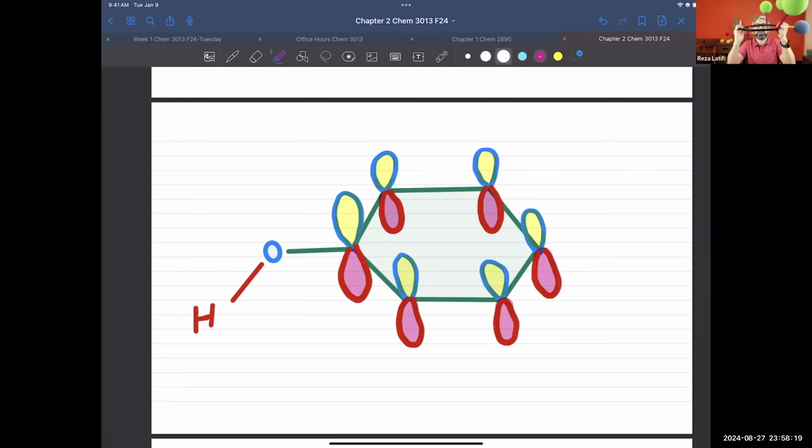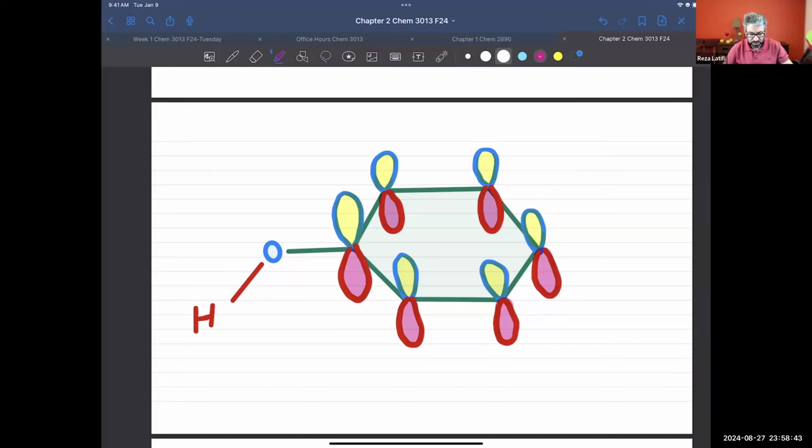So the ring is flat, and then I see a bunch of orbitals. They are up and down the plane. And where is oxygen? Oxygen is completely perpendicular to the pi, or the green atoms. Assume this is oxygen, the purple one, and the green are the pi bonds.